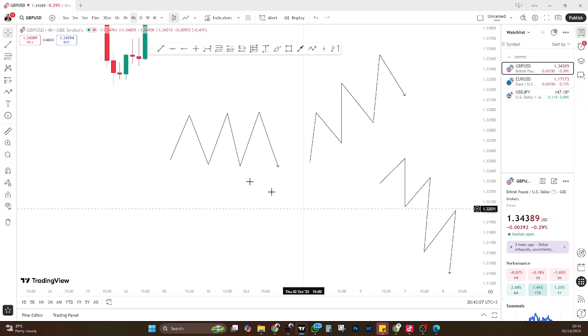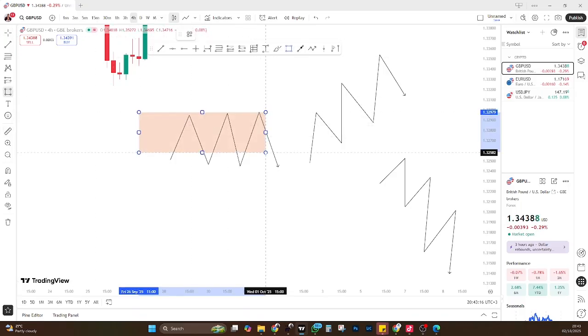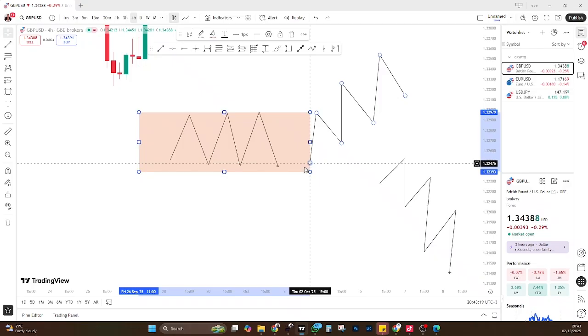Okay, so every time you open the charts, don't be confused. The first thing you ask yourself, is the market, this is what we call, we are going to learn this today if time permits.